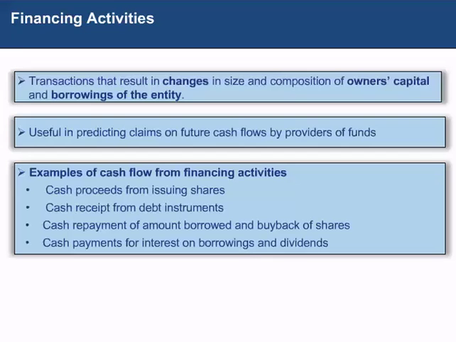Examples of cash flow from financing activities would be cash proceeds from issuing shares, cash received from debt instruments, cash repayment of amounts borrowed and buyback of shares, cash payments for interest on borrowings, and dividends.